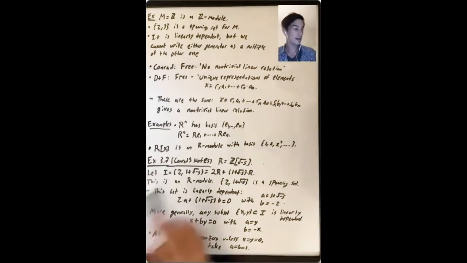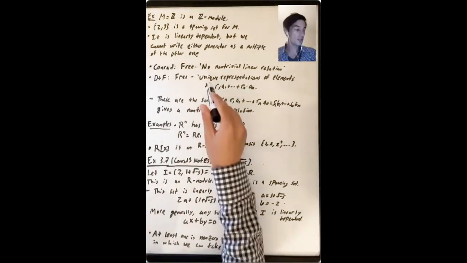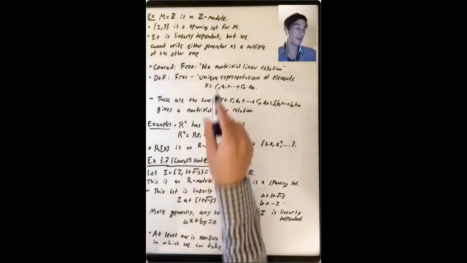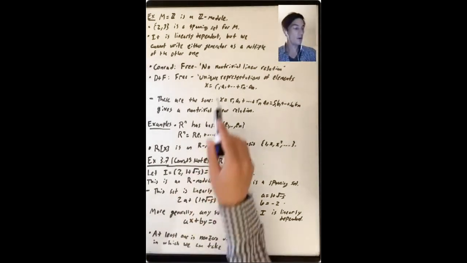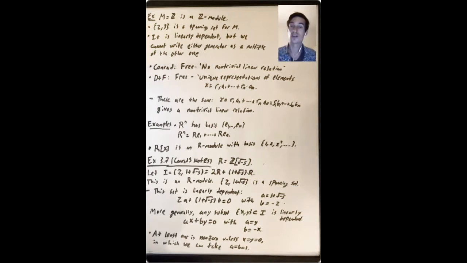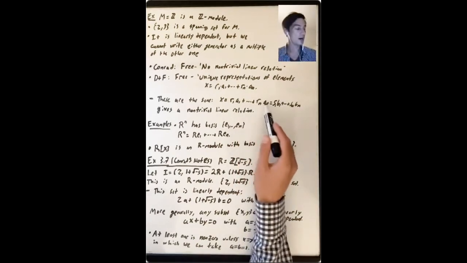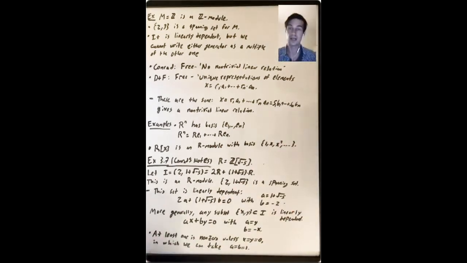Why is that? Well, if you fail to have this uniqueness, if there's a different way to write 0 other than 0 plus 0 plus 0 plus 0, where all of the Ri's are 0, then what would that different way to write it be? It would be a non-trivial linear relation. But what if you fail to have this uniqueness for some other element that's not 0? Well, if you can write x as R1A1 plus R2A2 plus RnAn, and also as S1B1 plus S2B2, and so on, this is going to give a non-trivial relation.